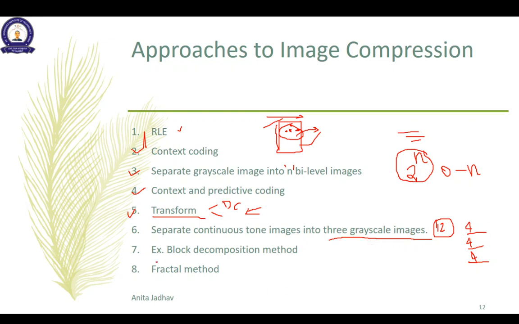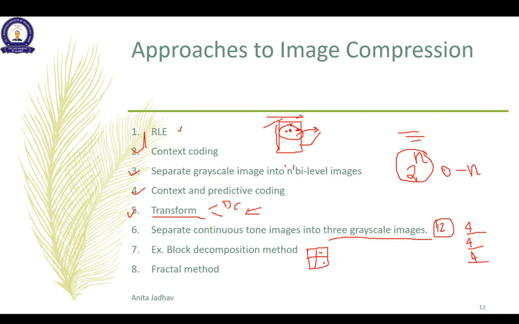Now, the block decomposition method. It works well for discrete tone images. If you remember, we said that discrete tone images have uniform regions. So what do you do when you find an image region you want to compress and it has appeared several times before?